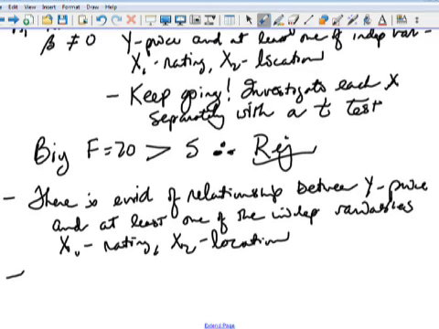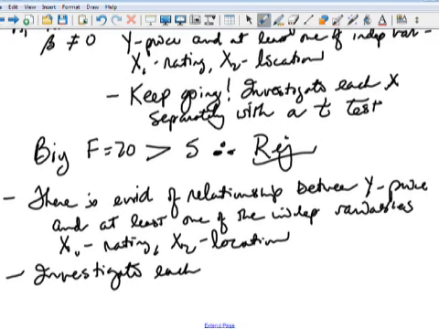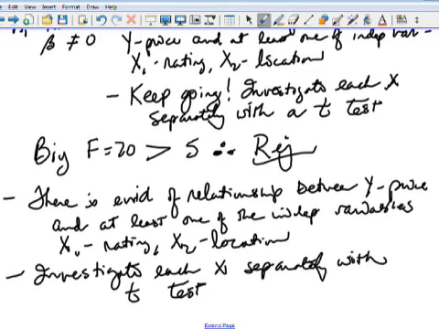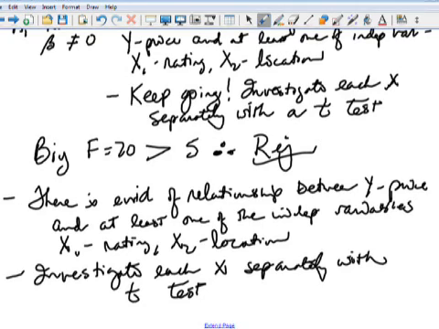We will now have to investigate each X separately with a t-test. That answered our question 1. The model does have overall significance. So let's go straight into question 2, which was to investigate the significance of the individual variables.